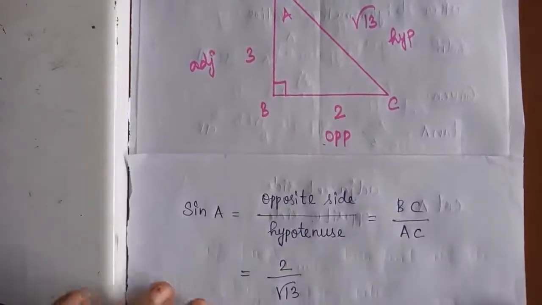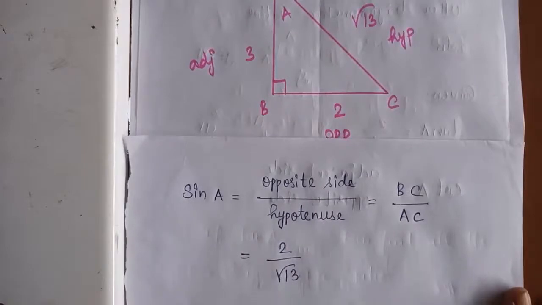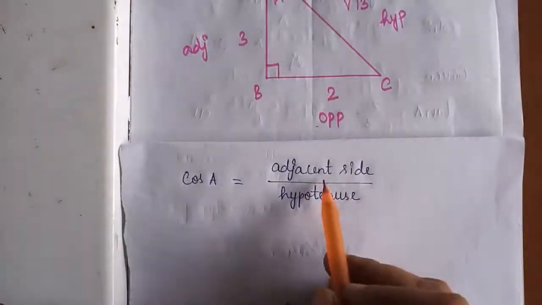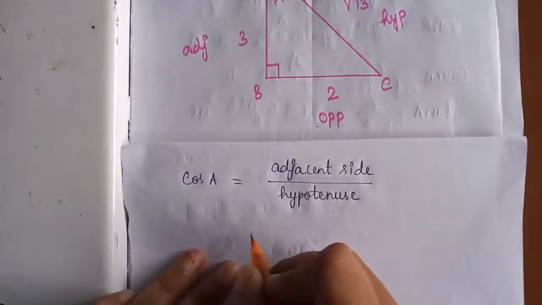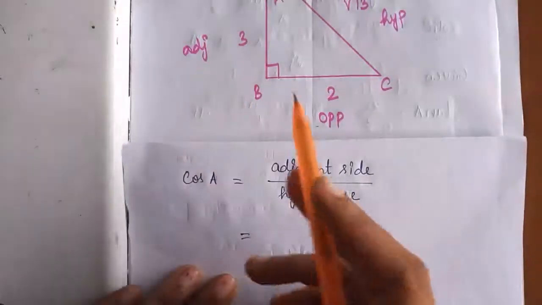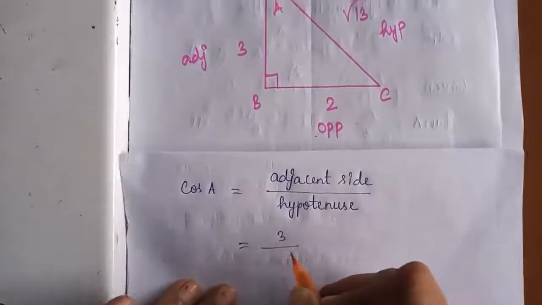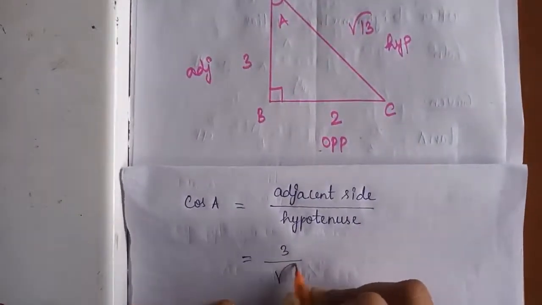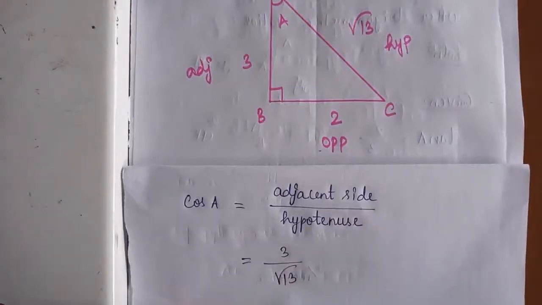Then next cos theta. So cos A is equal to adjacent side by hypotenuse, which is equal to adjacent side is 3 divided by hypotenuse is root 13. So cos A is equal to 3 by root 13.